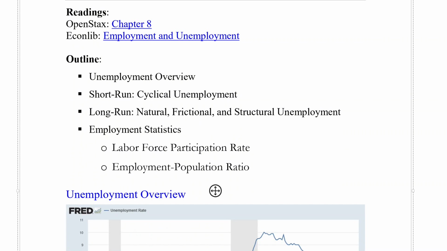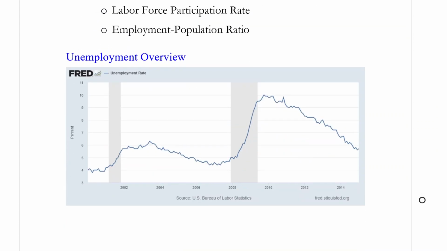What we're going to start with is looking at a couple business cycles here and looking at the unemployment rate during the first, I guess, 15 years of the 2000s. So as you can see, first of all, this comes from Federal Reserve Economic Data, and it's online, it's free, easy to access, easy to use, highly recommend it.